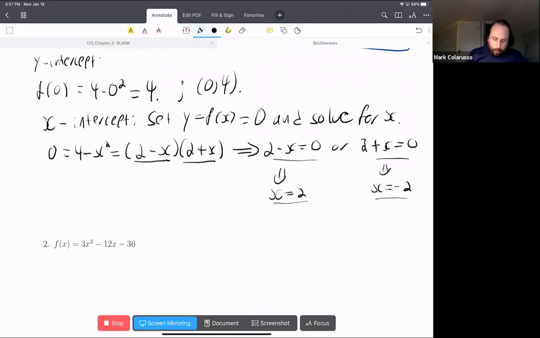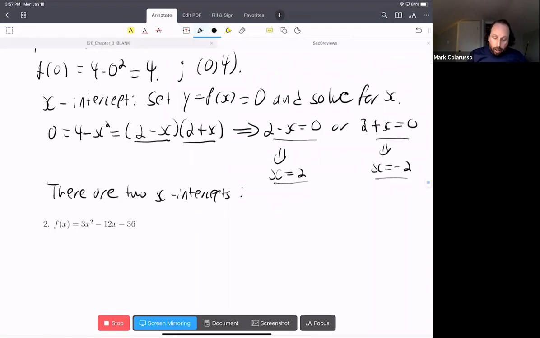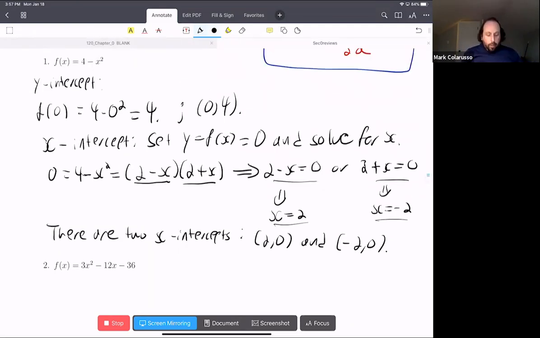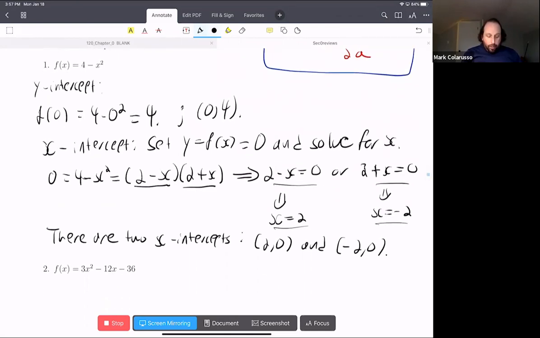So there are two x-intercepts in this case. So we have (2, 0) and (minus 2, 0). So that's a nice example of factoring, difference of squares.